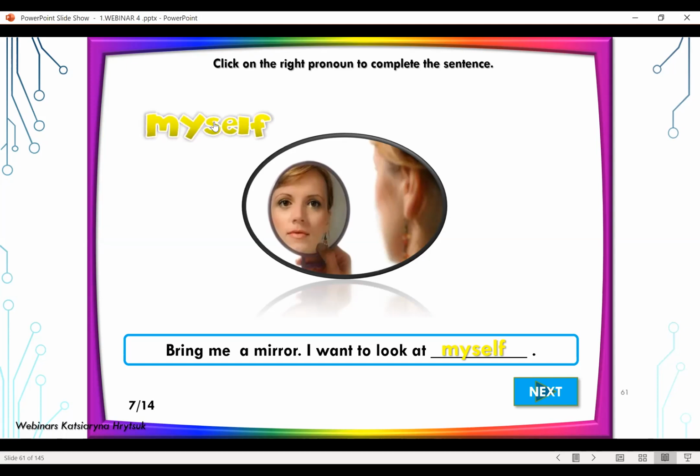But if I have the same image, I look at myself, he looks at himself. One of the favorite examples of reflexive pronouns. But if two people look at each other, it is different. Okay, so next, good. Zhenya, quickly, let's go.